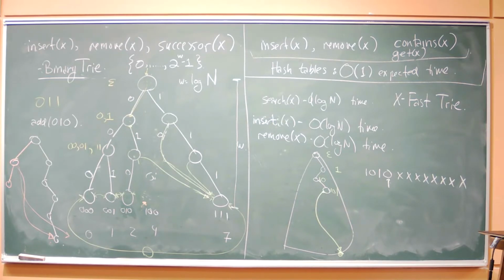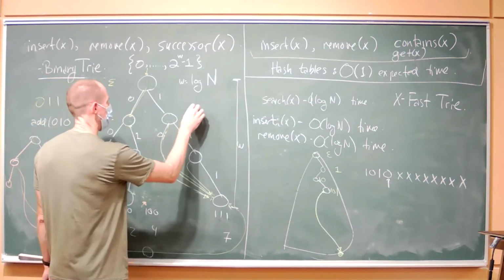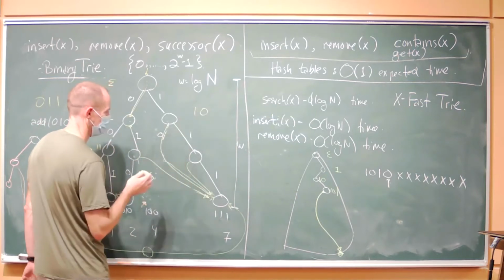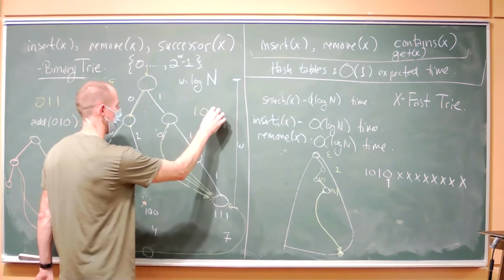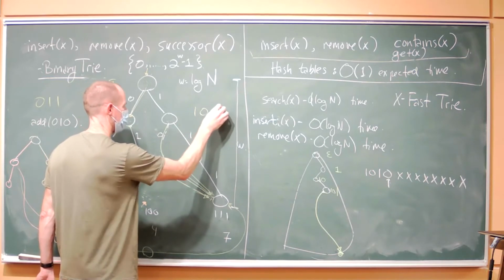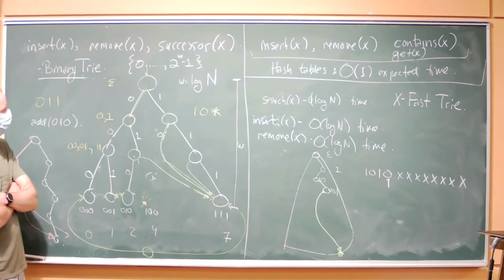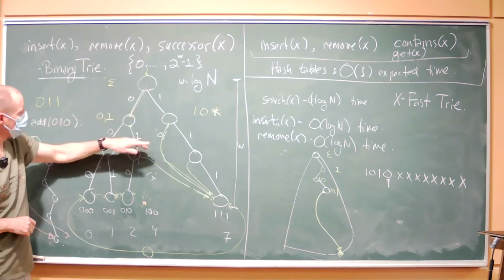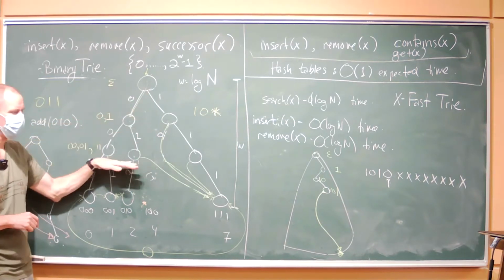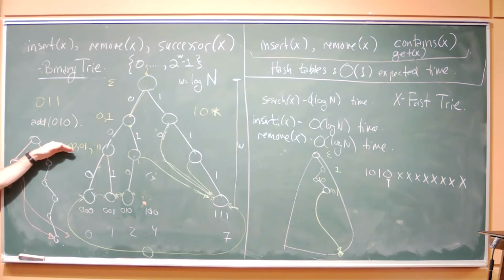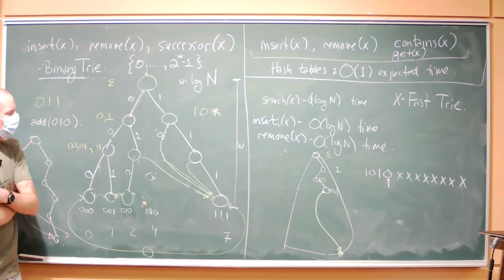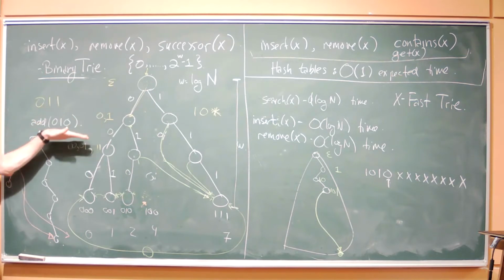So when I go looking for, let's say, 1, 0, anything, I fall out here because at the second level, there's no 1, 0. 1, 0 is not in this set. So that means that I fall out.